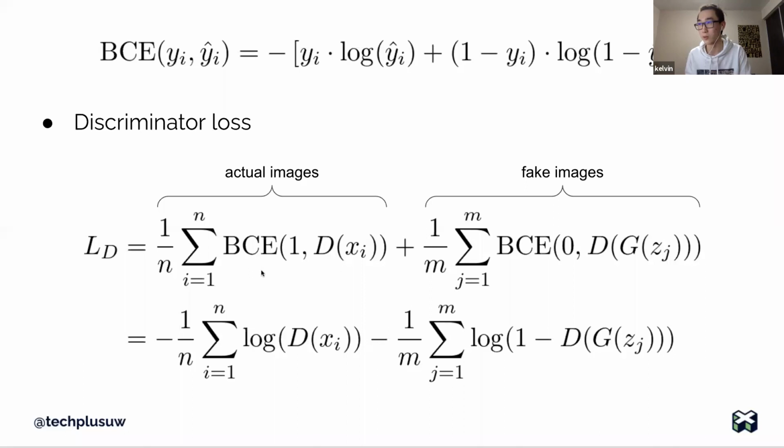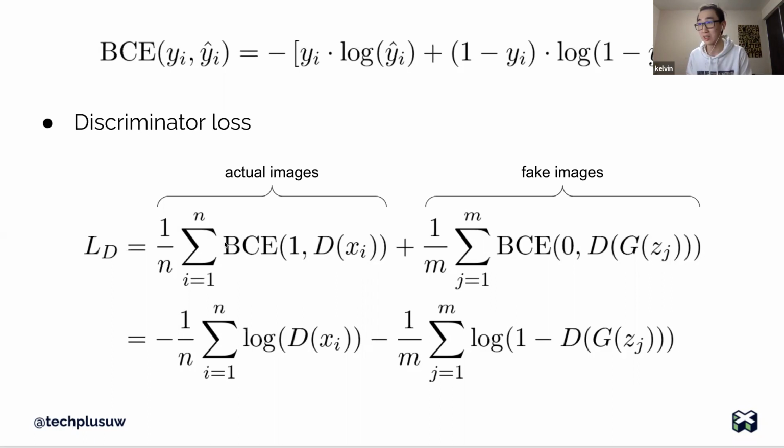For the first term, if we break it down, D is our discriminator, and x is our real data, so our real images. Our discriminator takes in a real image and produces an estimate between 0 and 1 of how real or fake it thinks the image is.